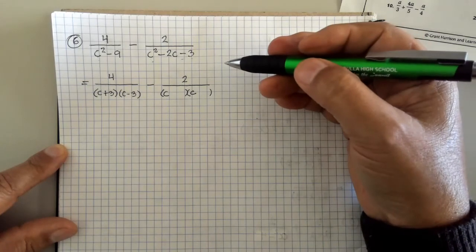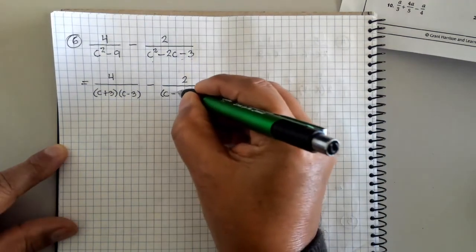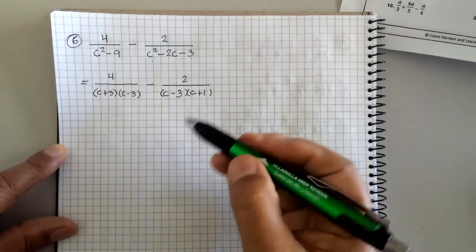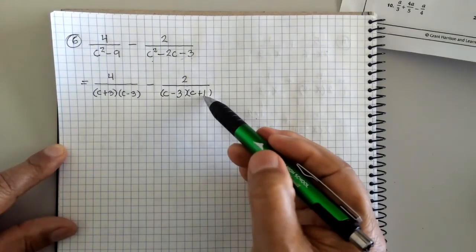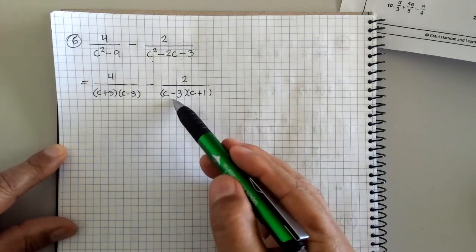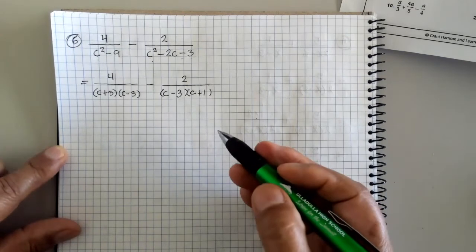So the numbers are -3 and +1, and we're gonna check it that way. -3 times +1 is -3, and -3 together with +1 is -2, so it works.